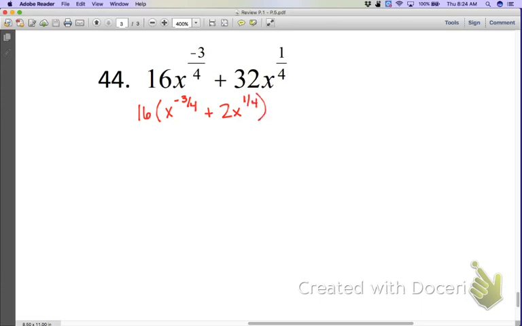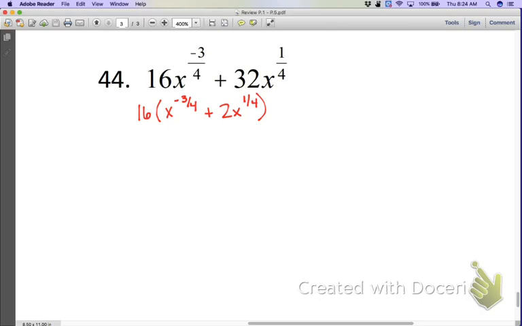So now it's the same idea that we just had. It's taken to an exponent that is either negative or a rational, so it's not a whole number. It's not something nice and neat to work with. So which one's smaller? Negative 3/4 or 1/4? So the negative 3/4.